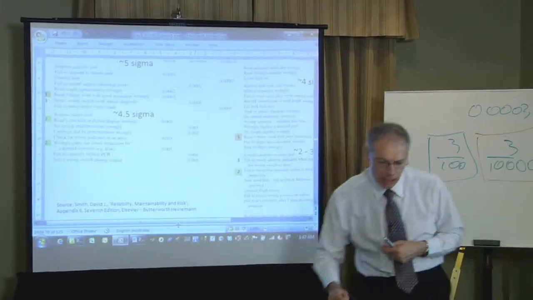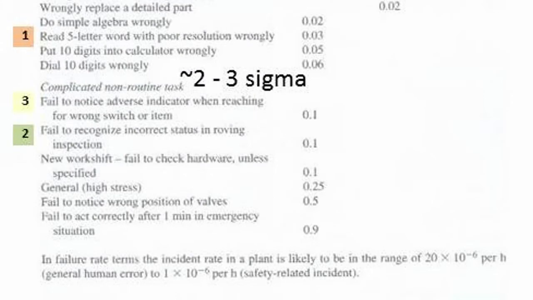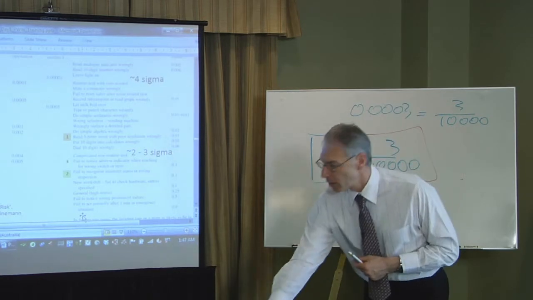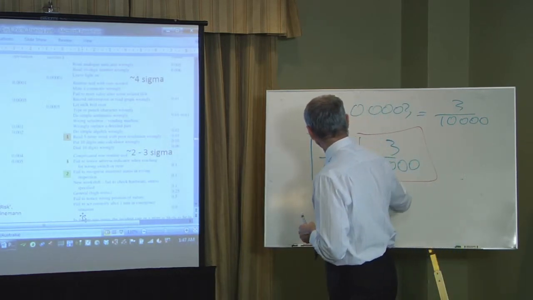Now these numbers here, I'm just going to show you a couple of things more about what the table's actually telling us. This number 2, fail to recognise incorrect status on a roving inspection. So if I have a work order that's a roving inspection, I have an error rate here in the range of, what is that, 1 in 10.